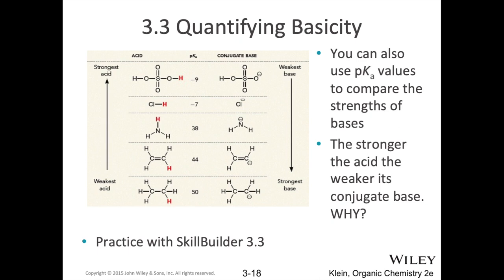Likewise, weak acids give pretty strong conjugate bases. They really want to do that reverse reaction to go back to forming the original acid. For example, we pointed out that alkanes like this one have very high pKa values. The resulting carbanions are really strong bases as a result.